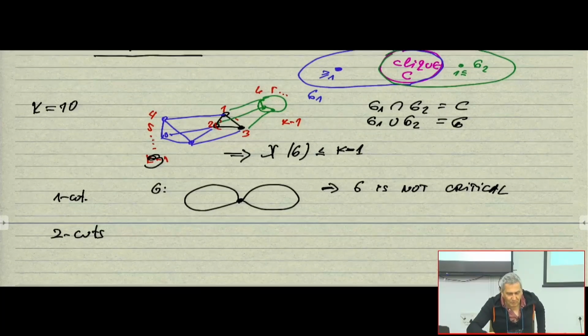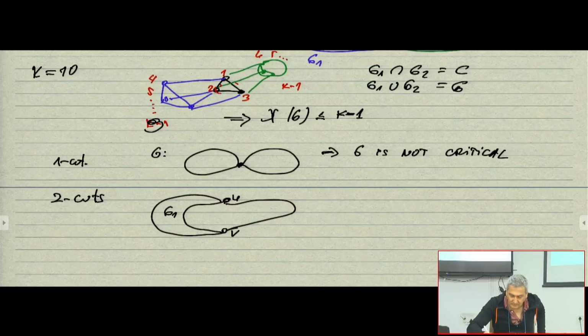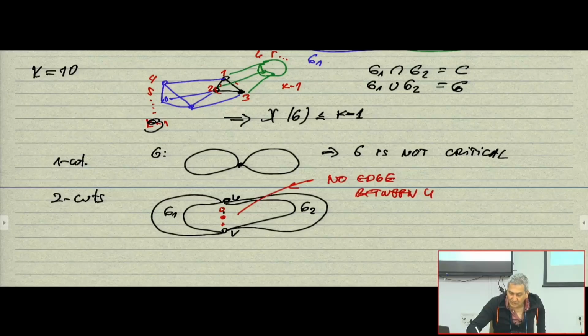But what we prove now, if we have two cuts, there is no edge between U and V. Because if there is an edge, it will be a clique cut of size 2.